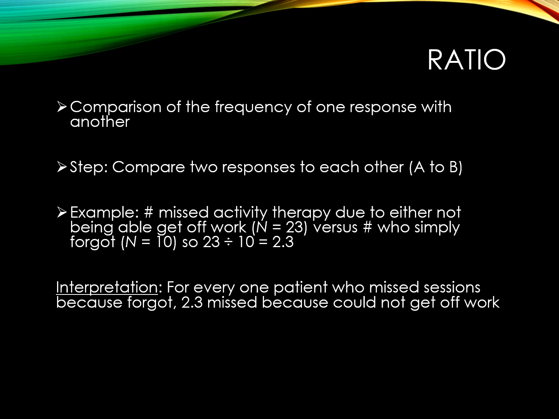For every 1 patient who missed sessions because they forgot, 2.3 missed because they cannot get off work. And if we look back, that makes sense because we had more people that were unable to get off work than forgot.